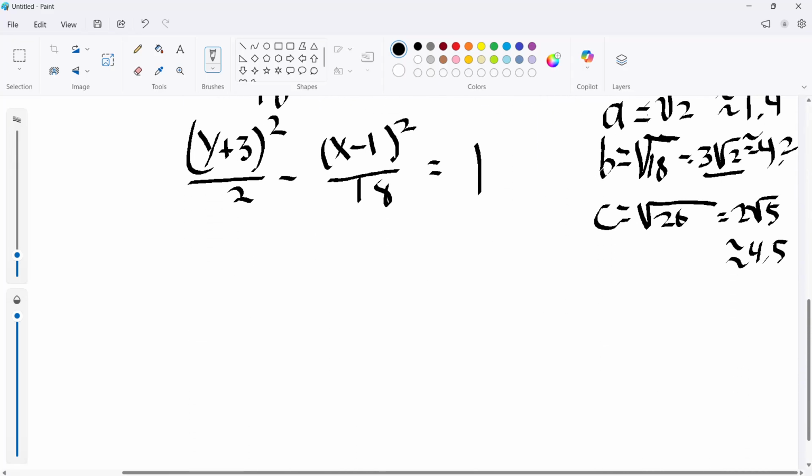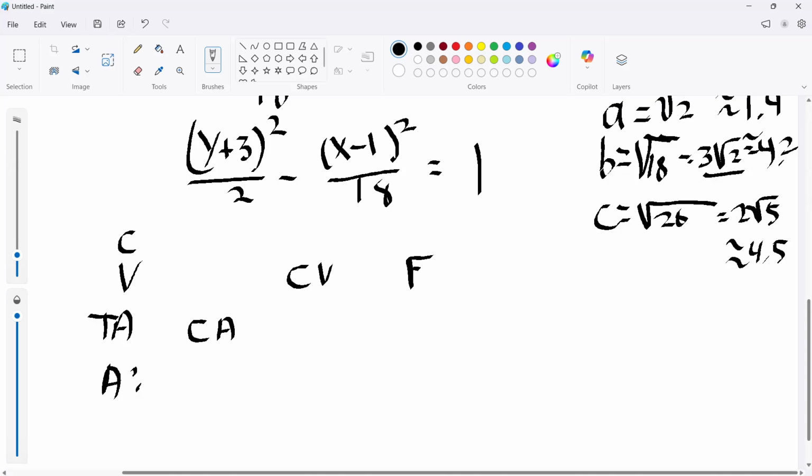Okay, so now I have to find the vertices. The center, the vertices, the co-vertices. Maybe I need more room for that. The foci. And then I need the transverse axis, the conjugate axis, the length, and then I need the asymptote.